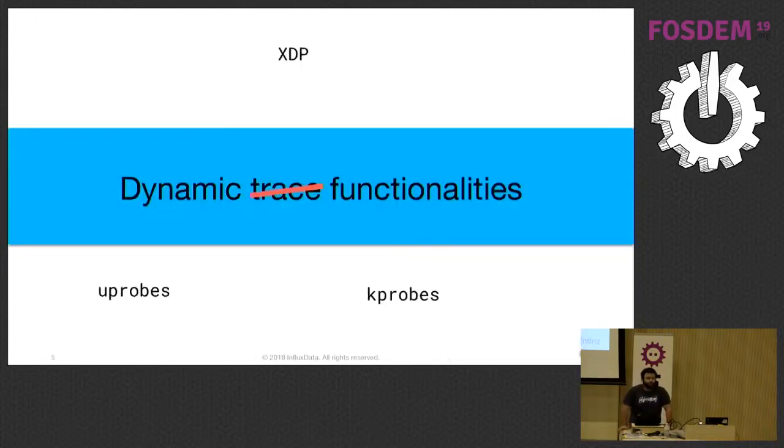What's very interesting for everyone on the other end is to be able to define dynamic tracing functionalities. Those can be in the kernel or in your user space programs, namely kprobes and uprobes. Kprobes is the backend that lets you extract information from the kernel, so you don't attach kprobes to a binary, but to the kernel itself.